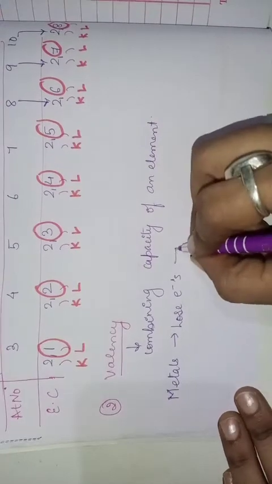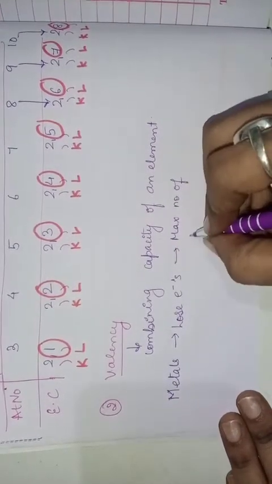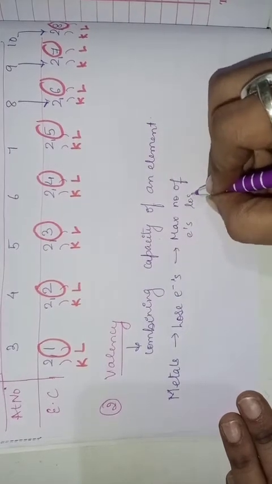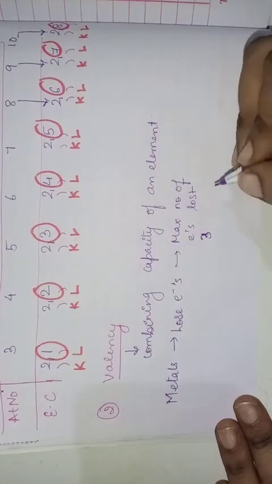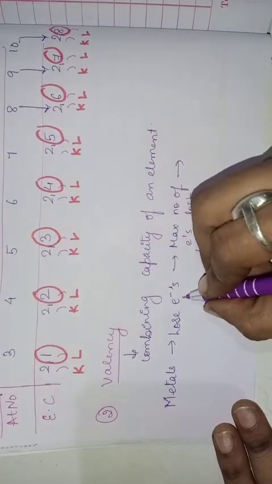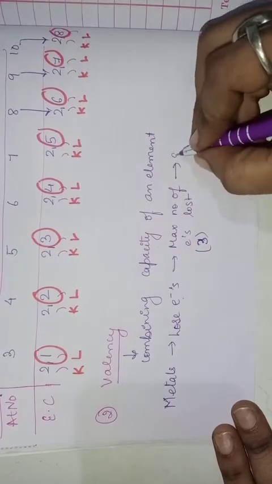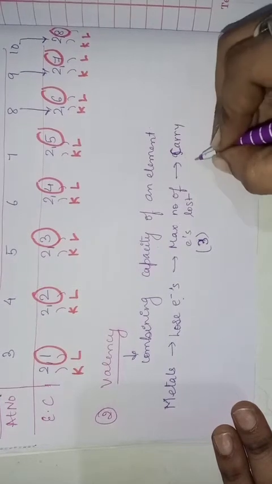Yes or no? The maximum number of electrons lost by an atom is 3. Okay, children. When they lose electrons, they carry a positive charge.